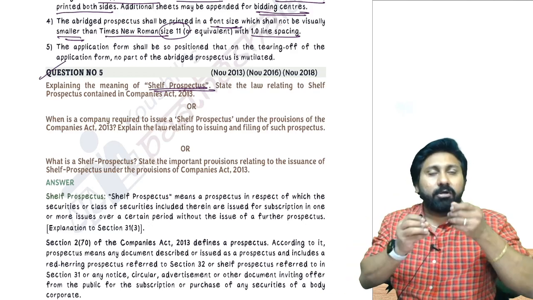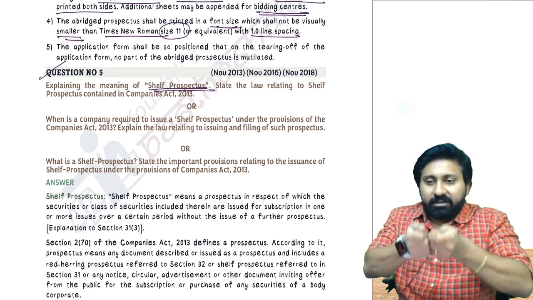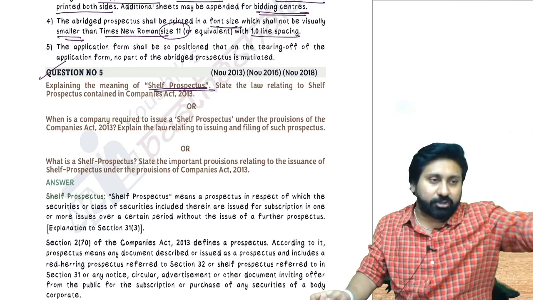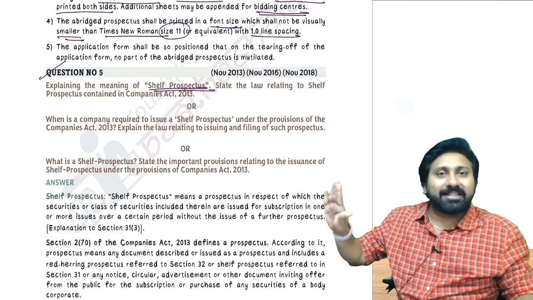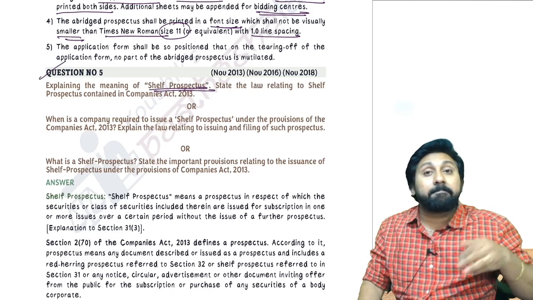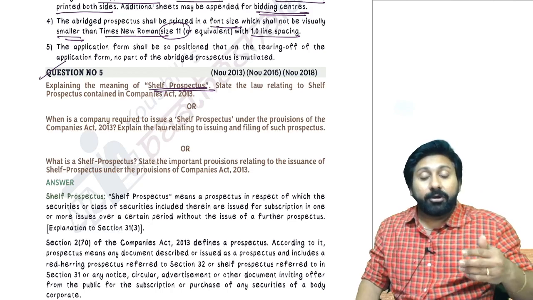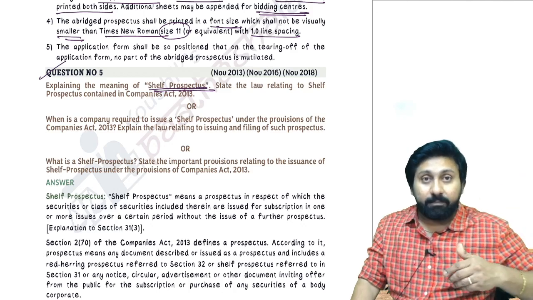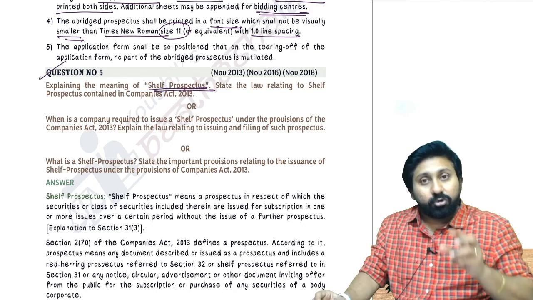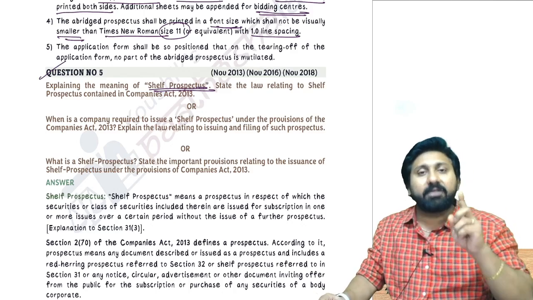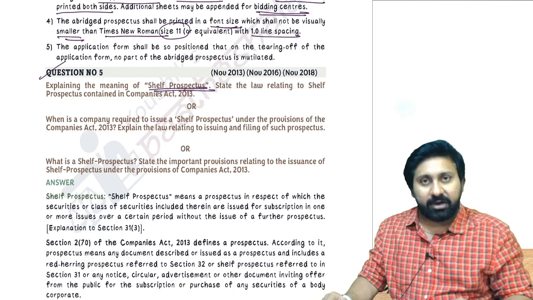So, the first thing we need to do: the shelf prospectus you need to file with the Registrar. One prospectus you need to file; the remaining, keep it in the shelf. Whenever some important changes happen, such as new charges created on assets, board of directors change, or important changes in financial position, those will be informed in the form of an information memorandum.